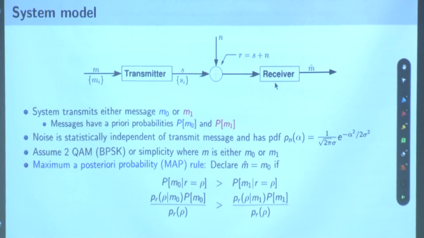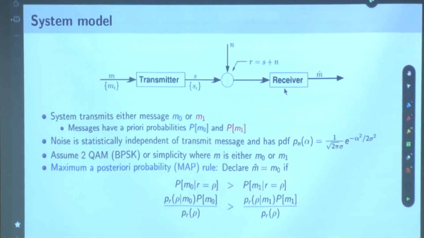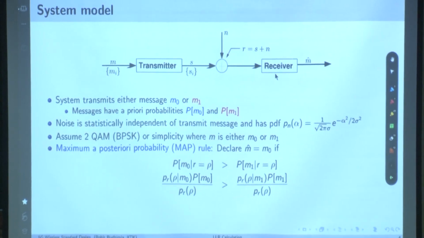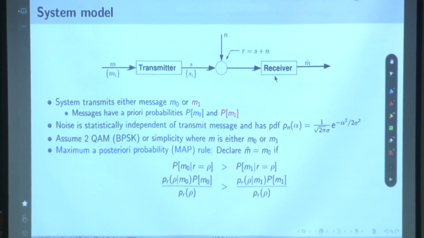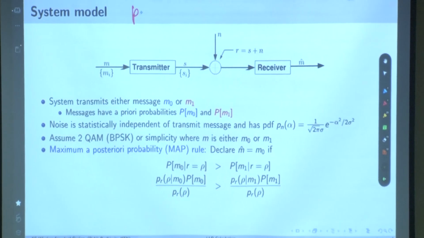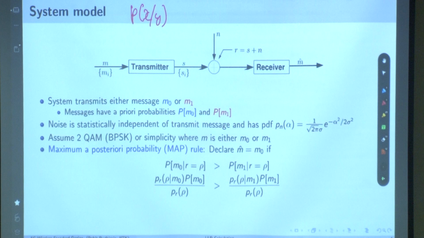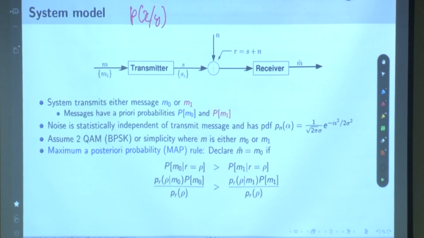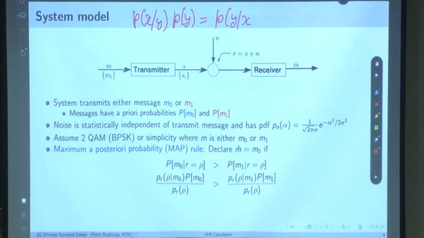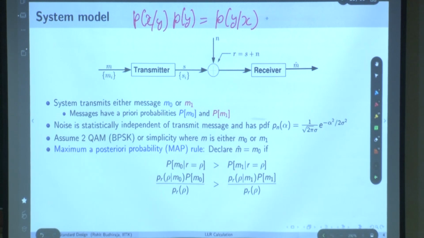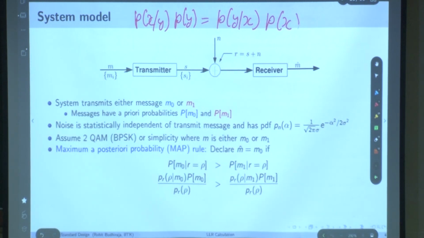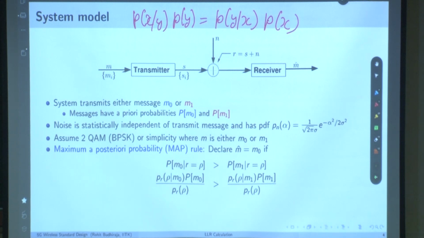Correct. So if x and y are two events, how can we write this? Can we write it like this? What is this?